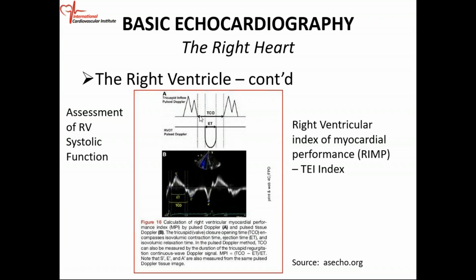Because this first period right here is IVCT. This second period is IVRT. If you subtract ejection time from everything up here, all you're going to be left with is the first portion and the last portion, which is IVCT and IVRT.